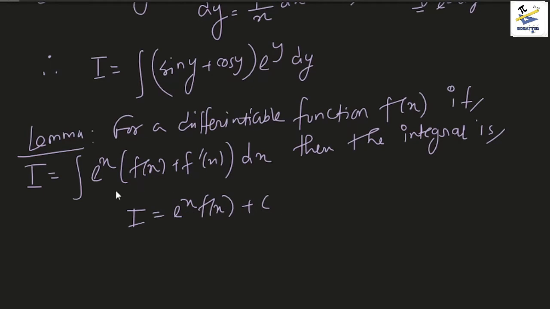So if you have an integral in this form, the answer is simply e to the power x into f of x. The proof is necessary, so we shall do the proof here.